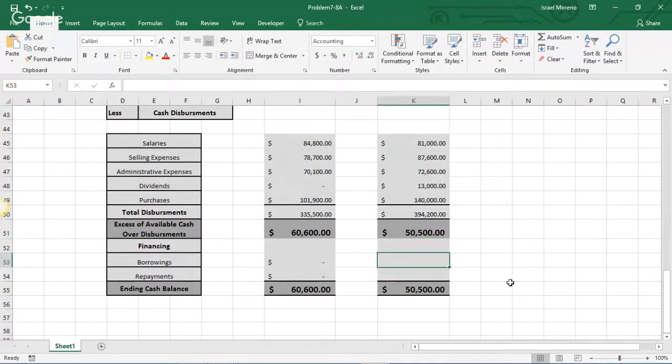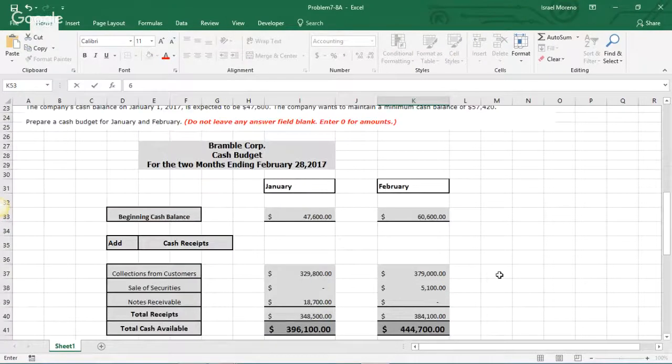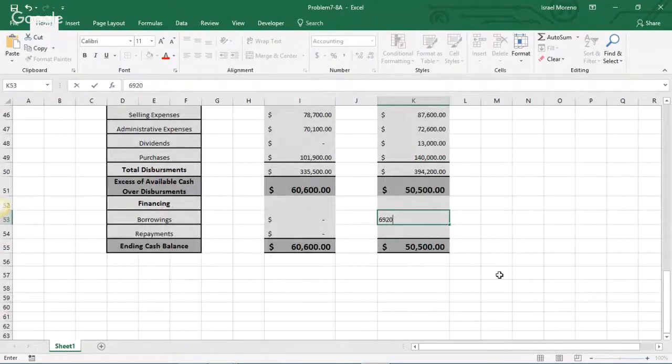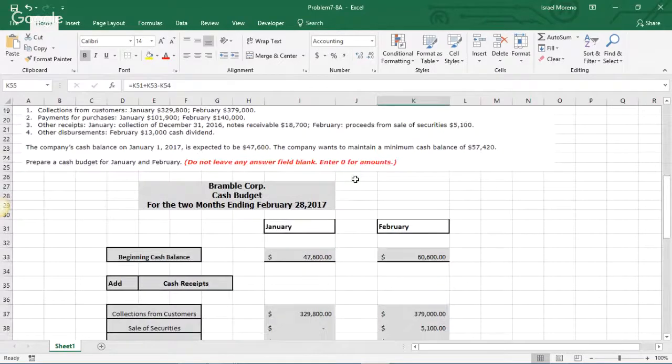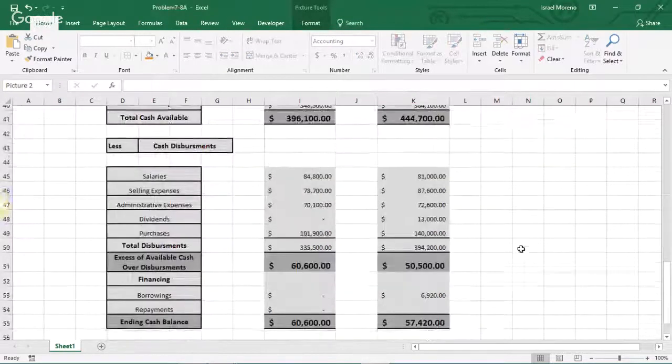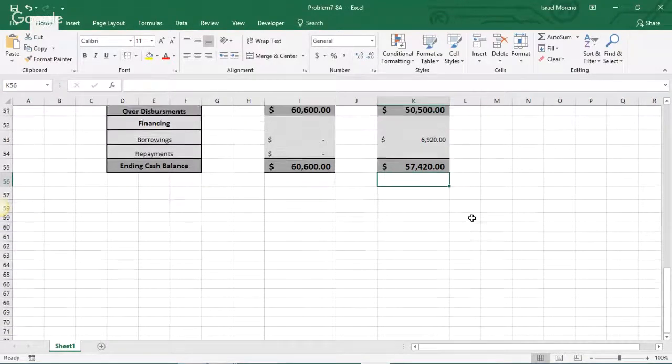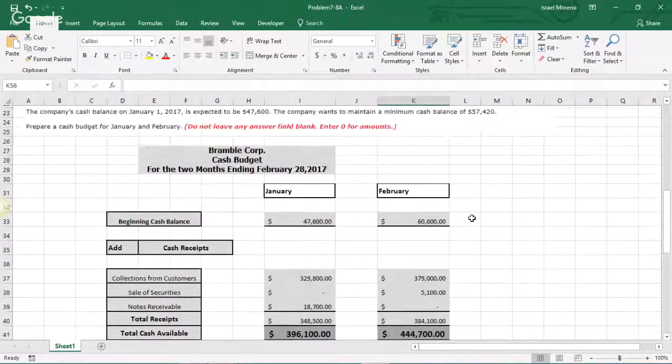That's what we're going to enter on the borrowing, the amount that we need to get to that minimum, which in this case will be 6,000 and 6,920. That's how you got to the minimum amount. And now you got an ending cash balance that is at the minimum acceptable. So that's how you got this activity done.